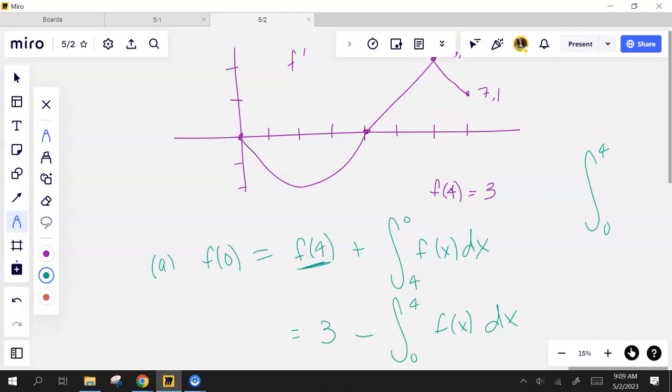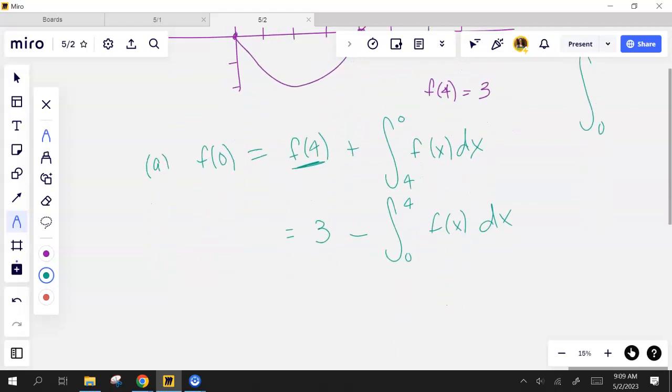So from 0 to 4, which is a semicircle, right? So the area of a semicircle, 1/2 pi times the radius, here looks like 2. 2 squared is 4. So 3 minus 2 pi.